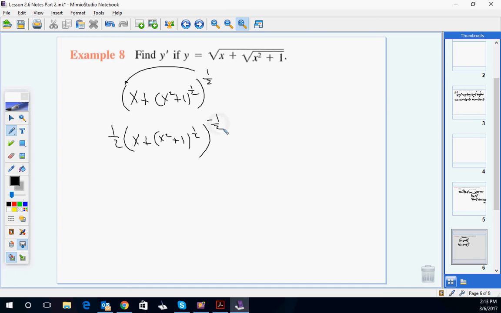Okay, we're there. Now I have to derive the inside. Derive the inside, 1, because derivative of x is 1. To do this one, I have to use chain rule. Whoops, sorry. This right here. It's a negative 1/2 now.